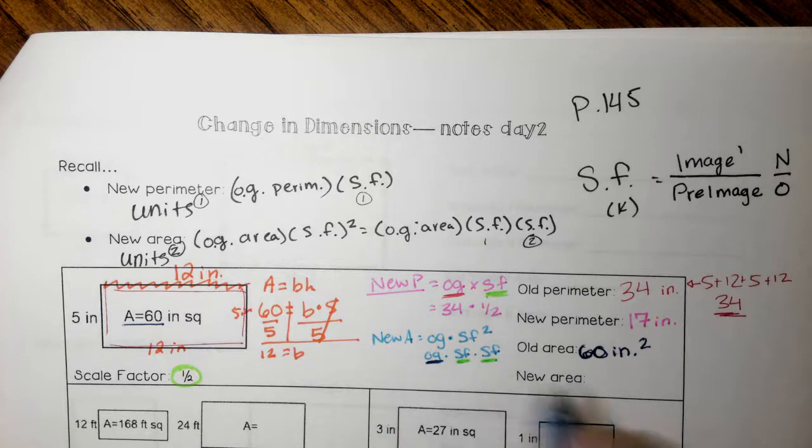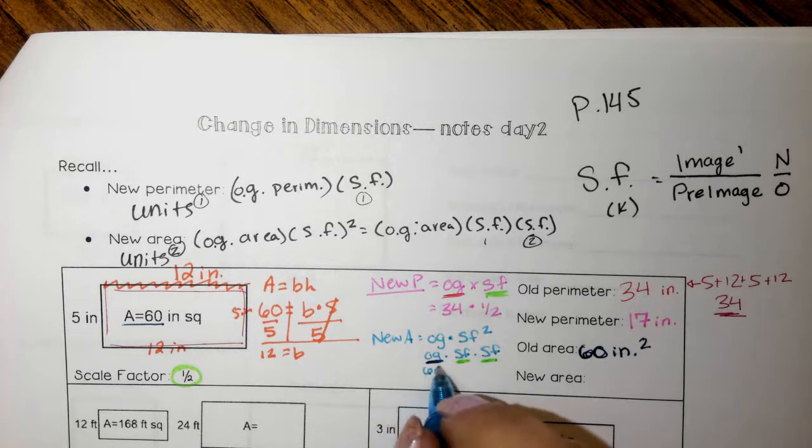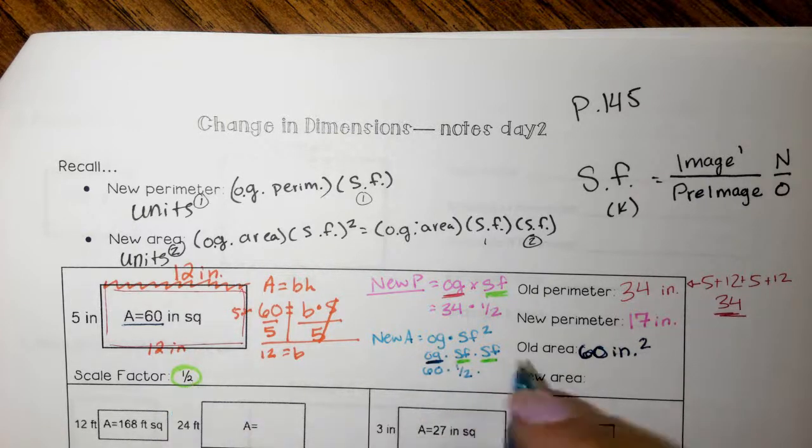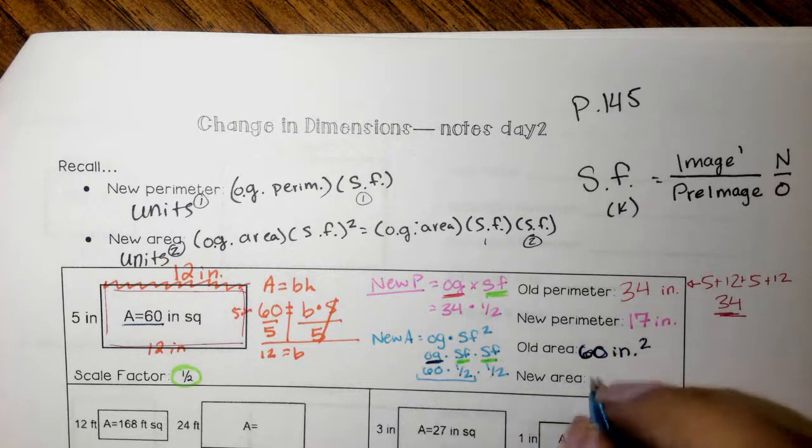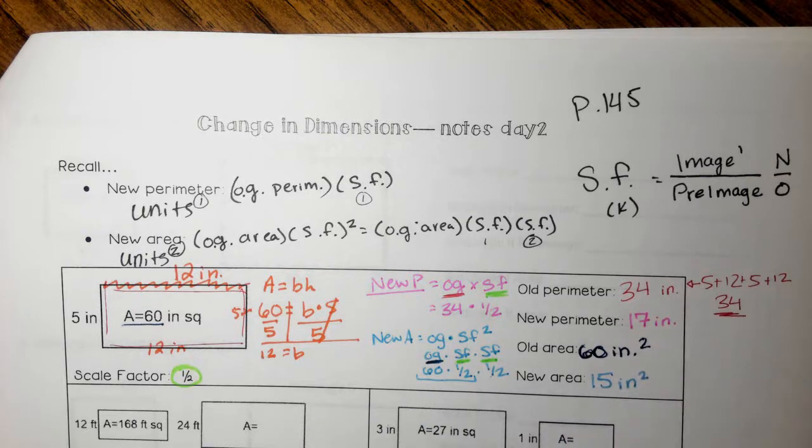So the original area was 60, so I have 60 times the scale factor 1/2 times the scale factor, again, 1/2. 1/2 of 60 is 30, and 1/2 of 30 is 15, so the new area would be 15 inches squared.